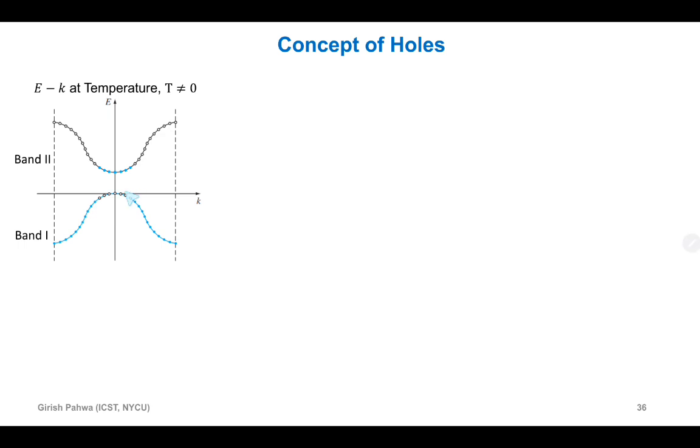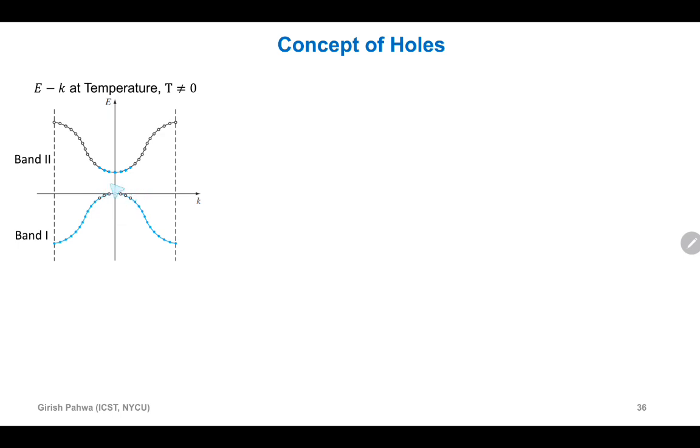Why did I take only the electrons near the top? Because they are the closest to the next band. An electron lower down would require a lot of thermal energy to go from here to there, but this electron requires the least amount of thermal energy. This one a little more, this one a little more.